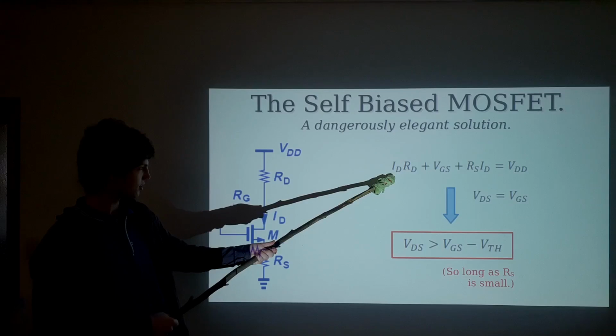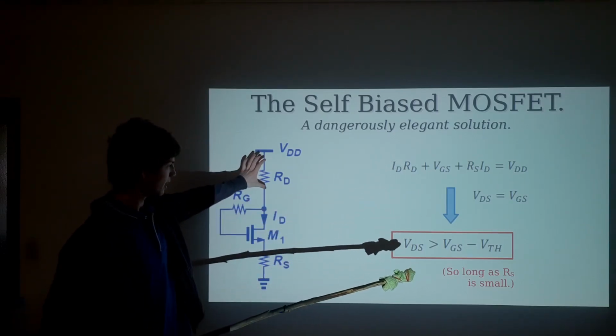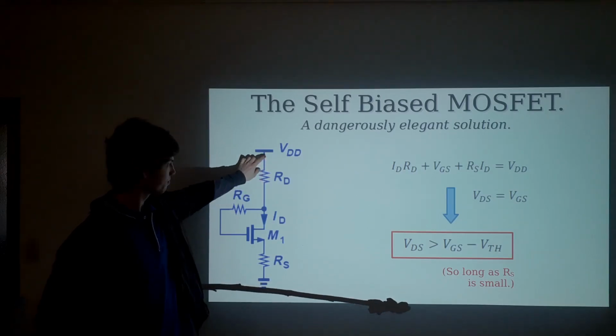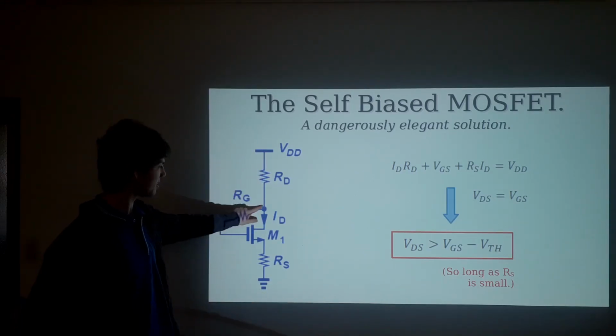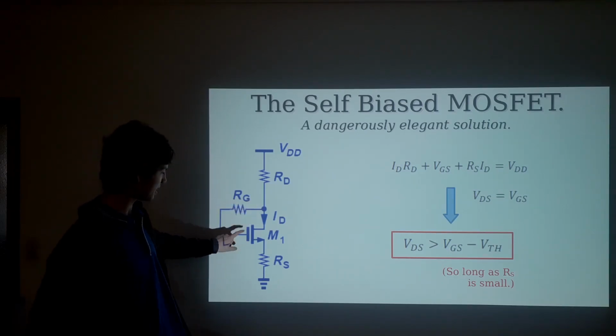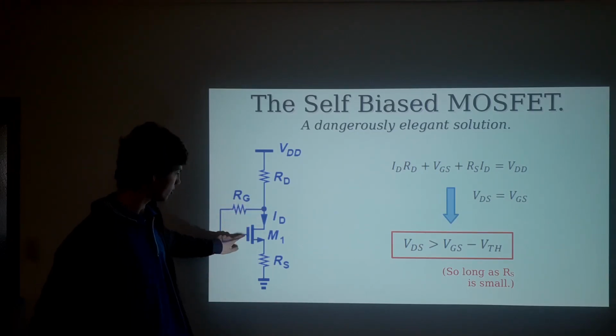We can say, this current here, there's only one current in the circuit, times the resistor at the drain. Ohm's law gives us the voltage to here. This part has no current in it at all, so there's going to be no voltage drop across this resistor. By definition, remember, gates don't draw current. So we've got the voltage to here.